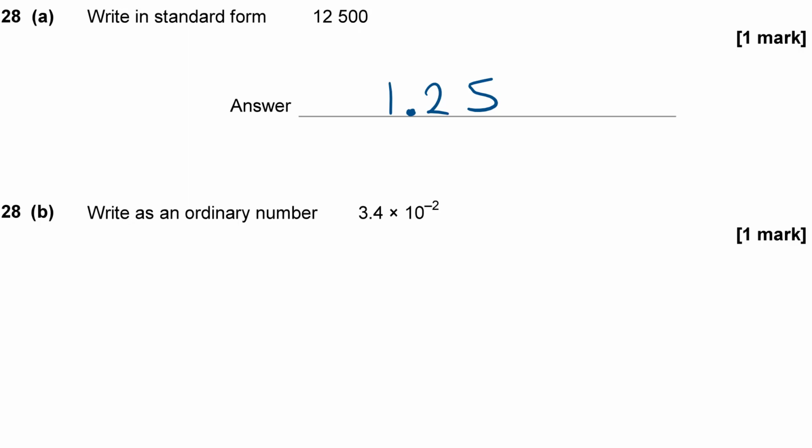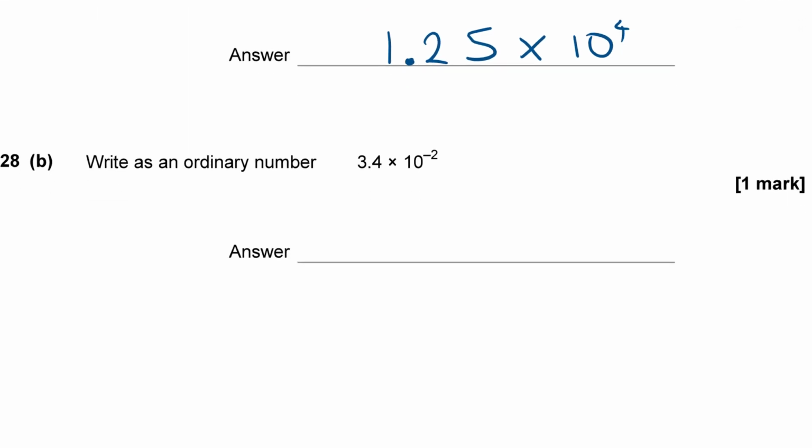And then we're going to be multiplying through by the power of 10 that makes those two numbers the same. So 1.25, I would have to multiply by 10 to the power of 1, 2, 3, 4, by 10 to the power of 4 in order to take it back up to 12,500. So my answer is 1.25 times 10 to the 4.